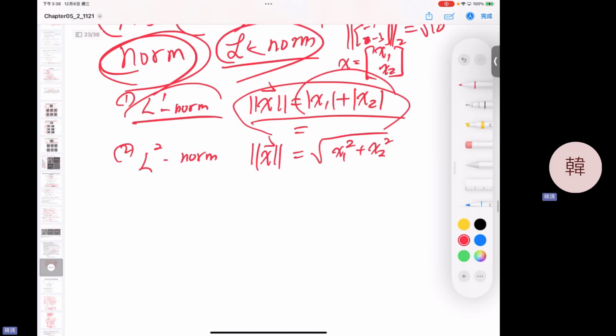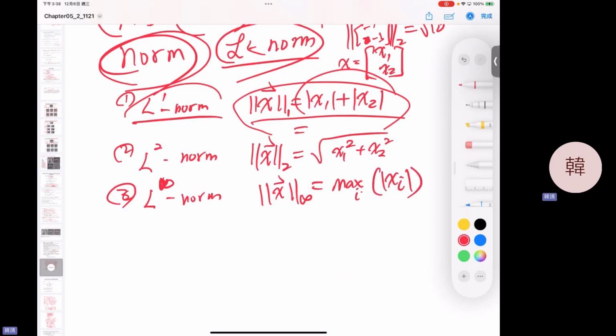And we have different types of norm. The third is the L infinity norm. The infinity norm takes the maximum absolute value. You can write the infinity norm of vector x as the max over i of the absolute value of xi.